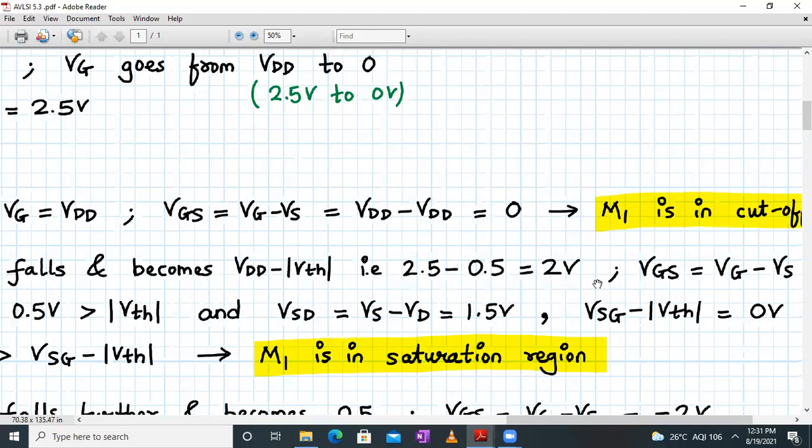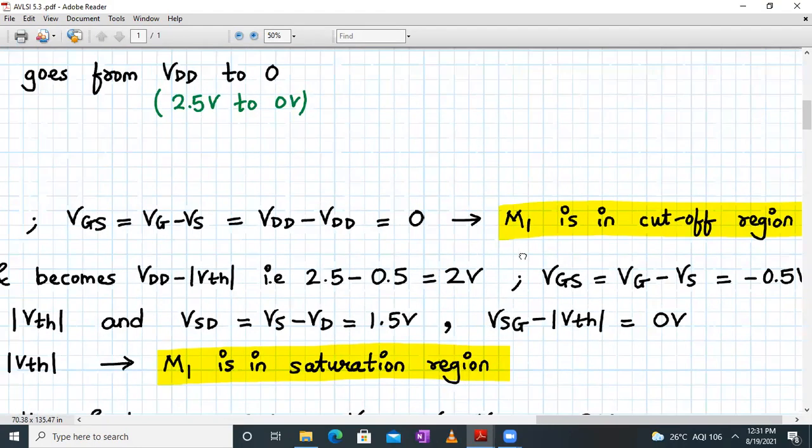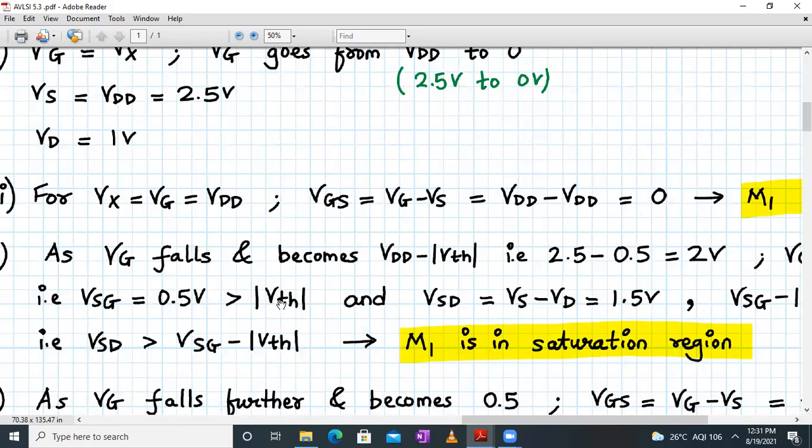What will be VGS now? Currently, VG minus VS, VS is 2.5, VG is 2 volt. So VGS will be minus 0.5 volt. That means VSG value is 0.5 volts.